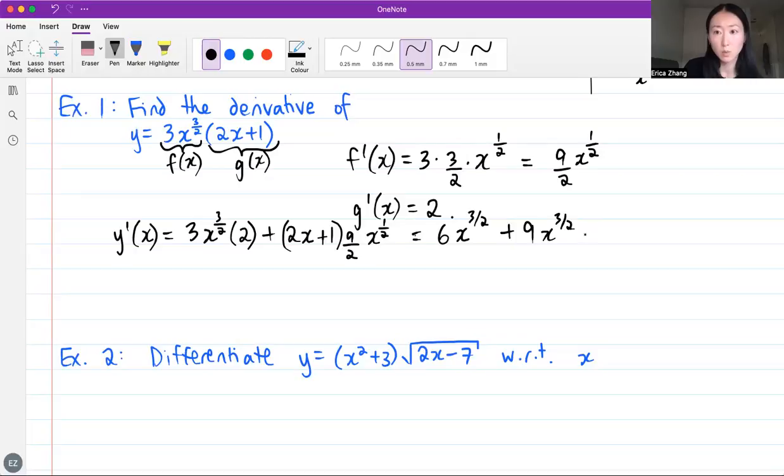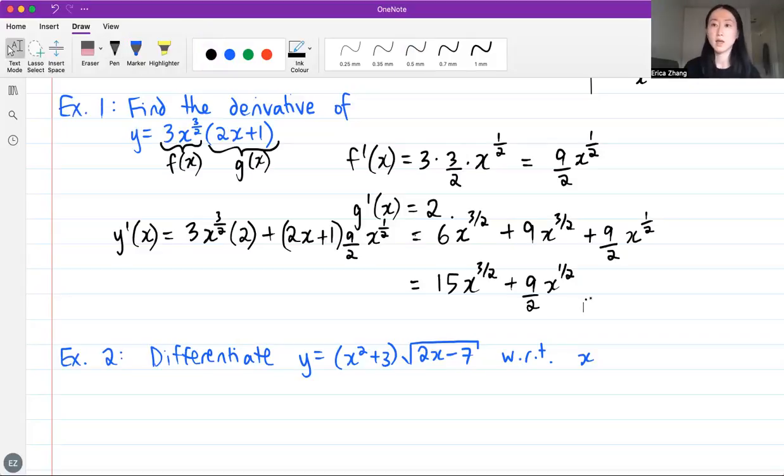And then 1 multiplied by 9/2 times x to the power of 1/2. Now, the first two terms here with the 6 and 9 as coefficients are like terms, and we can therefore add the 6 and the 9, and we get 15x to the power of 3 halves plus 9 over 2 times x to the power of a half. And that's our answer.